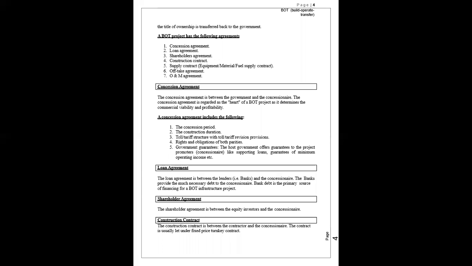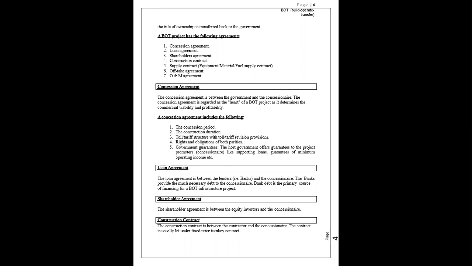Suppose two investors came forward and they put 25 crore rupees each. Then their 25 and 25 becomes 50, and the concessionaire company 50, so 100 crore rupees will be generated that is utilized for that project.